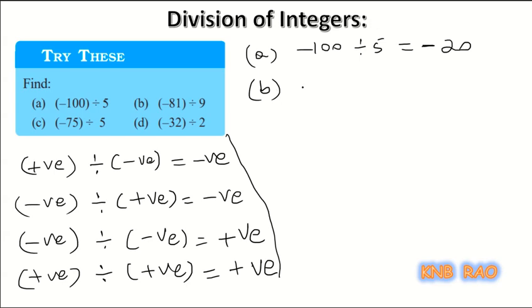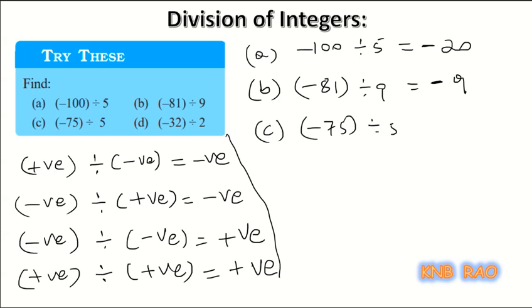So, when minus 81 is divided by 9, 81 divided by 9 gives you 9. Since it is negative by positive, it gives you a negative quotient. Here, when minus 75 is divided by 5, 75 divided by 5 gives you 15, and obviously negative by positive gives you negative.